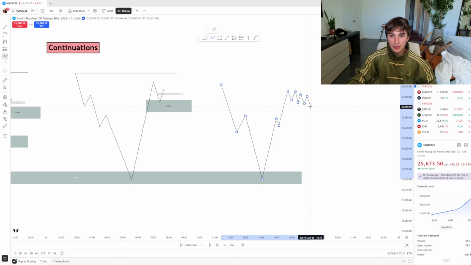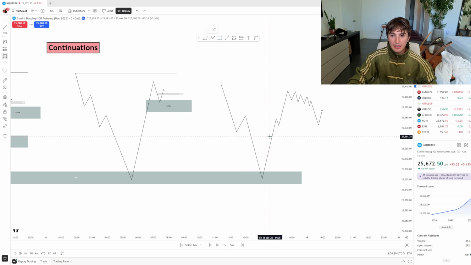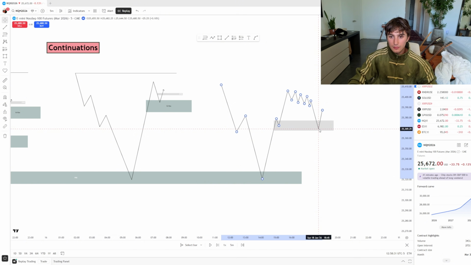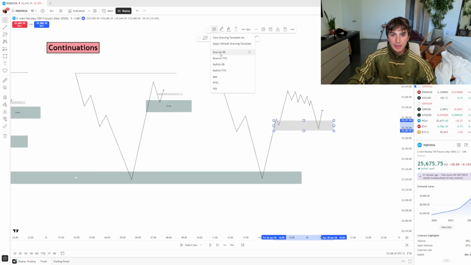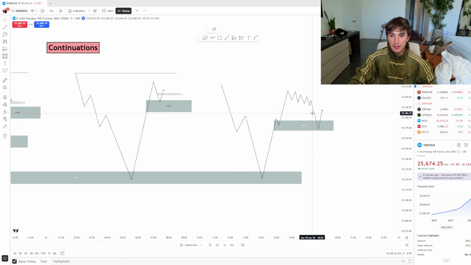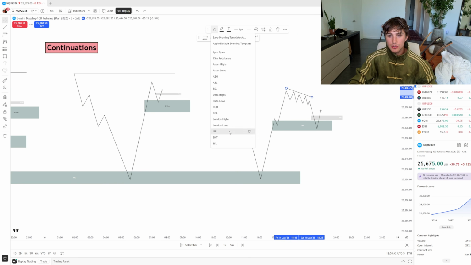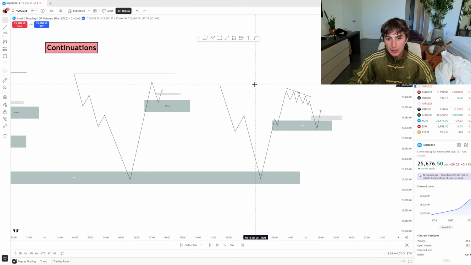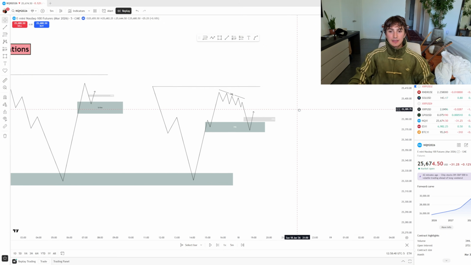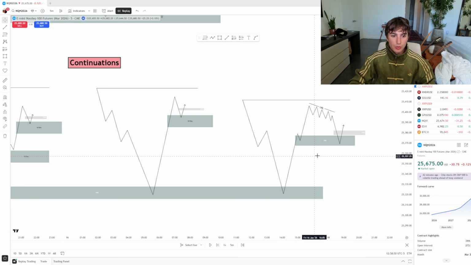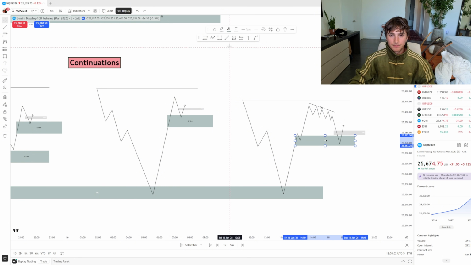So we have low resistance liquidity above, and we get a nice manipulation lower, hit that 5 or 15 minute gap, and now we take that inverse to the upside. We have nice low resistance liquidity above the target. So now we know that there's also liquidity generated above that we can target. And we still have this major high. And that's pretty much a good example of good structure when taking continuations.